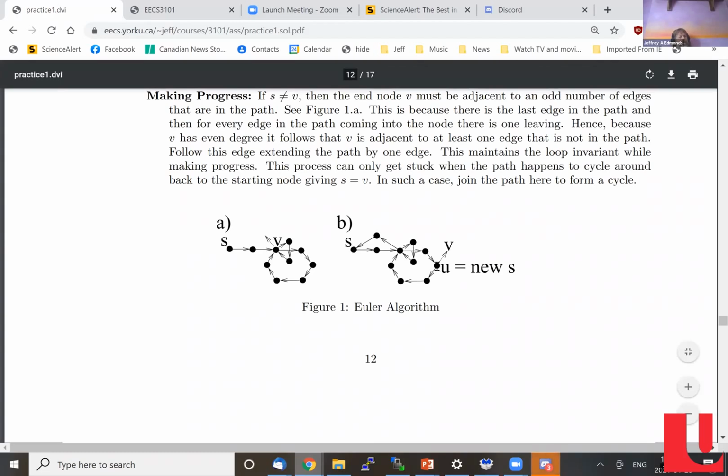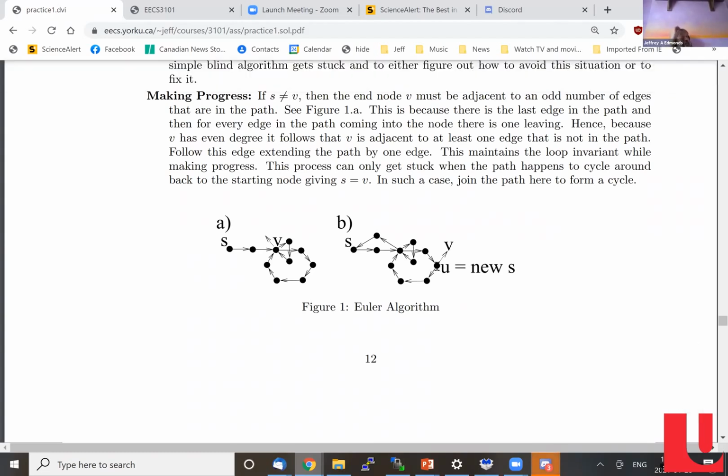And then at U, since we've been to U, there's a place where we entered U and we left U again, right? So at that place, I'm going to cut the path, right? And so that's what I mean. I make U to be my new S. Now I pretend that the path started at U and went around this whole cycle and ended at U, right?